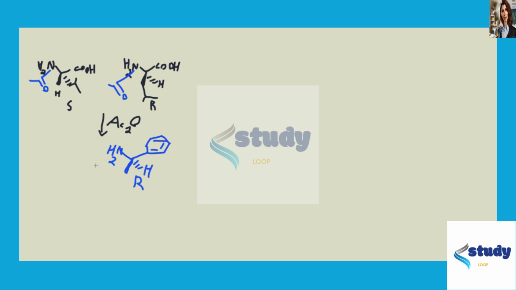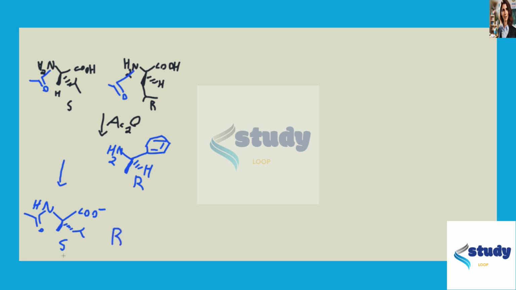So what's going to end up happening is that the S enantiomer is going to be resolved to give us COO minus, and the R of the resolving agent is going to carry through.